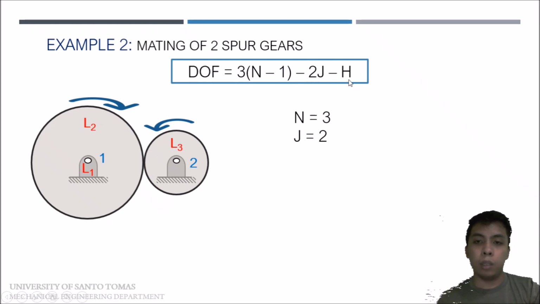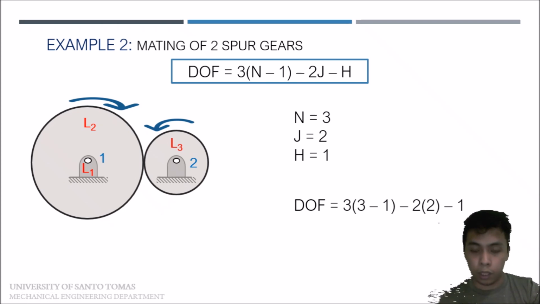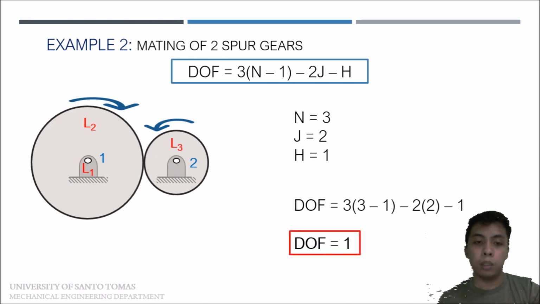Next, let's count the number of higher pairs. Our higher pair count will be equal to 1 because we have two mating gears here. So meron tayo one higher pair. So solving for the degrees of freedom of this mechanism, 3 times (3 minus 1) minus 2 times 2 minus 1, our degree of freedom is 1.